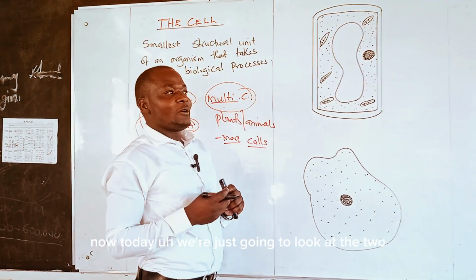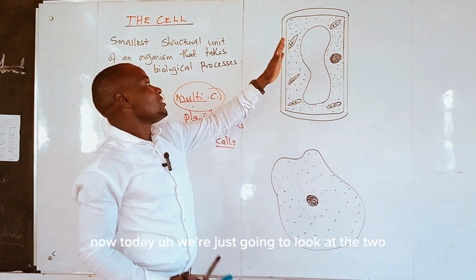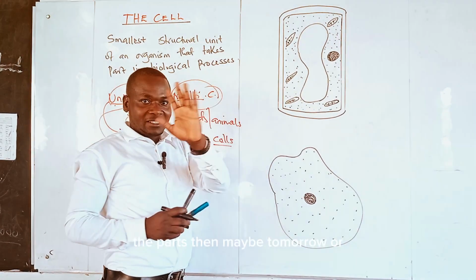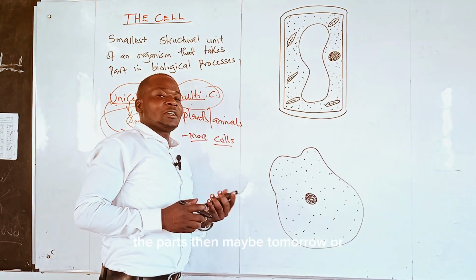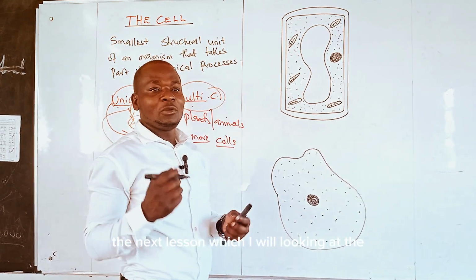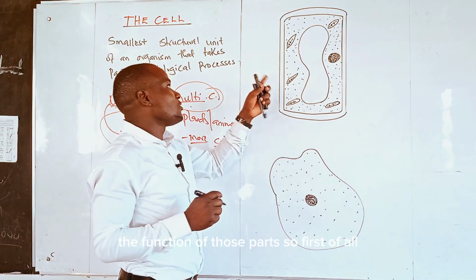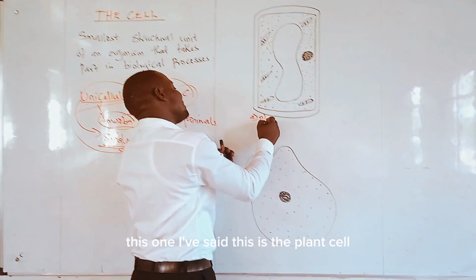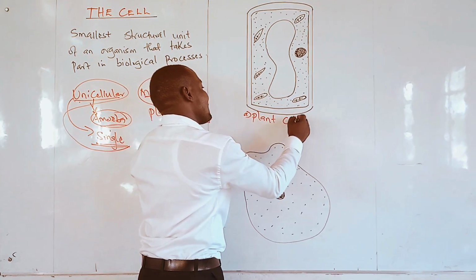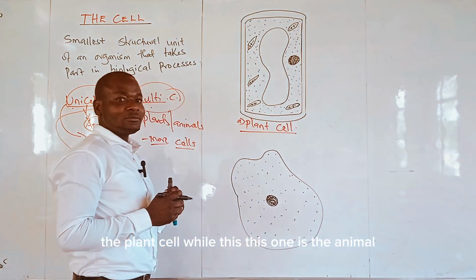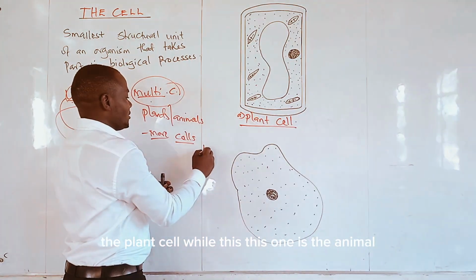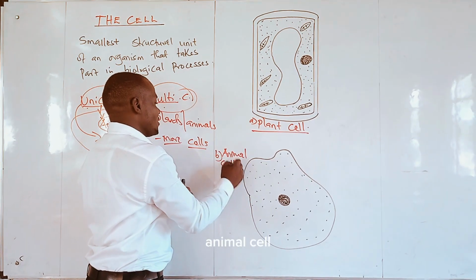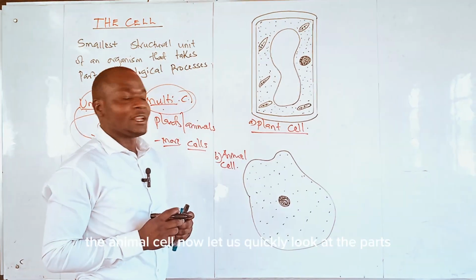Now today, we are just going to look at the two, the plant cell and the animal cell. We will look at the parts, then maybe tomorrow or in the next lesson, we shall look at the functions of those parts. So first of all, this one is the plant cell, while this one is the animal cell.